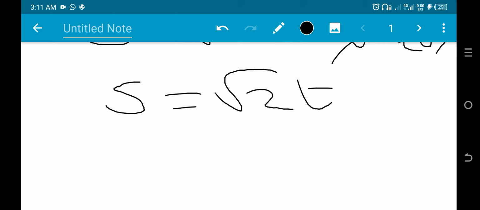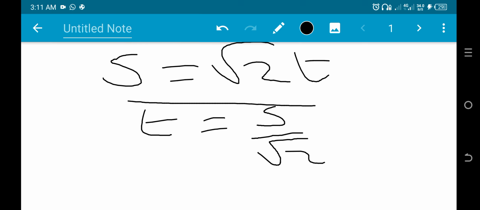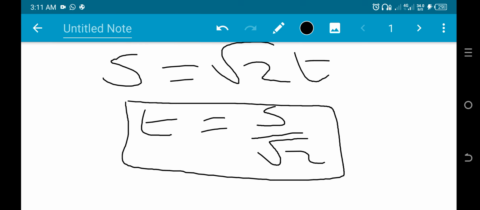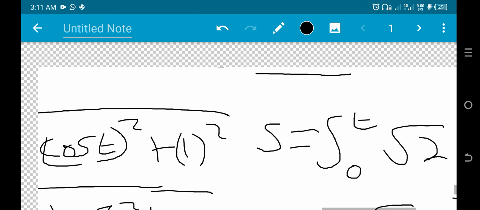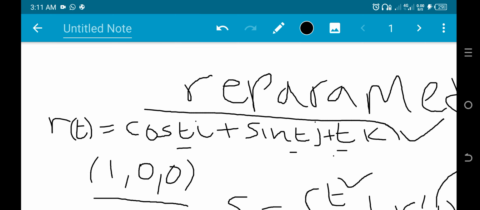Now we need to make t the subject of the formula. So t is equal to s over root 2. After finding t in terms of s, we go back to our actual equation, and wherever there is t, we replace it with s over root 2.